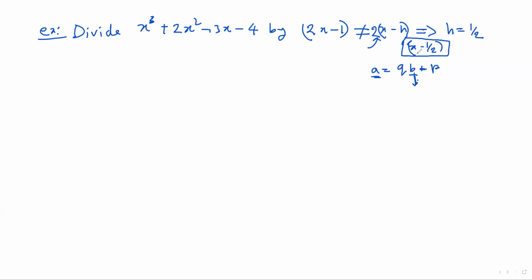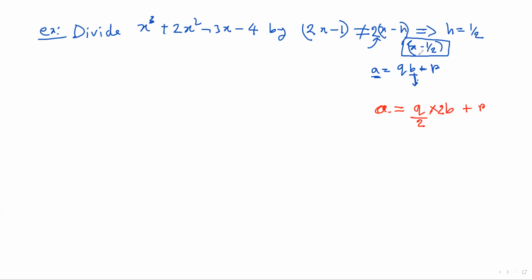So if you have something like this, q times b plus r, and you need to have a 2 here somehow, you need to balance by dividing by 2 here.